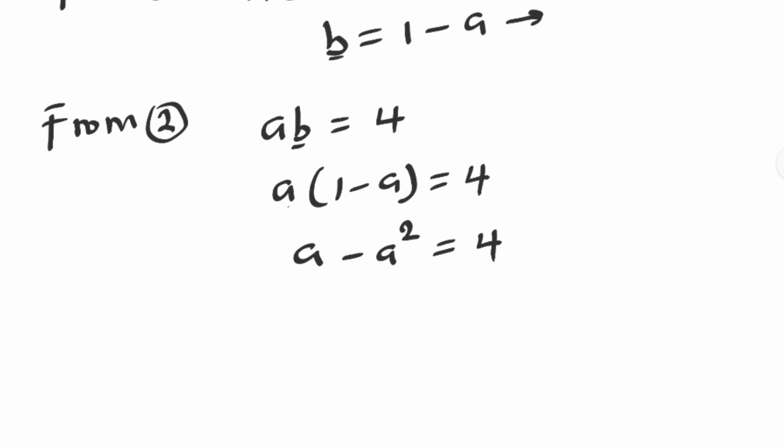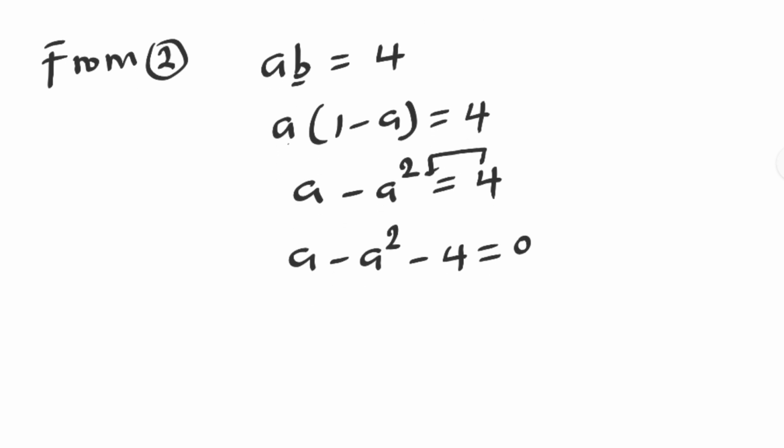This can be written as A minus A square. If you bring this 4 to this side, it becomes minus 4 is equal to 0. Let's put this in standard form. We have minus A square plus A minus 4 is equal to 0.